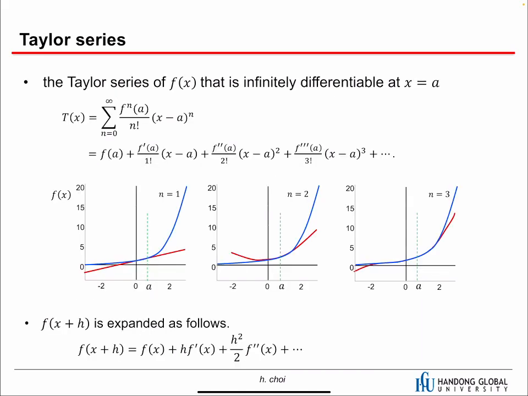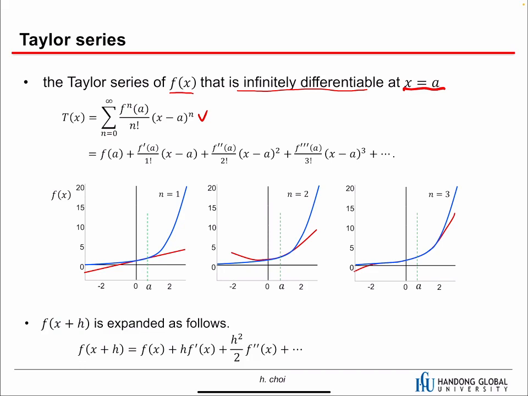Okay, and the second one is Taylor series. Taylor series is really important, especially when we talk about optimizations. For the Taylor series of f of x, f of x should be infinitely differentiable at a specific location. Then the Taylor series of f of x can be summarized like this.